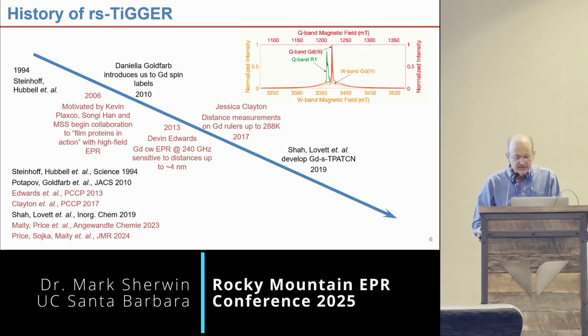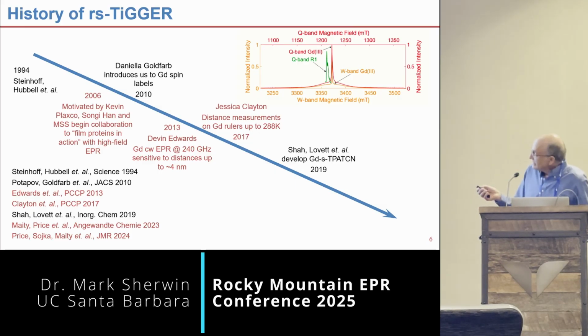In 2019, Janet Lovett's group led the development of a beautiful gadolinium spin label, Gd-TPATCN, that we're going to be using. And this is a W-band graph of its absorption. You can see that it has a very narrow central transition, much narrower than nitroxide. And this central transition gets narrower as you increase magnetic field.